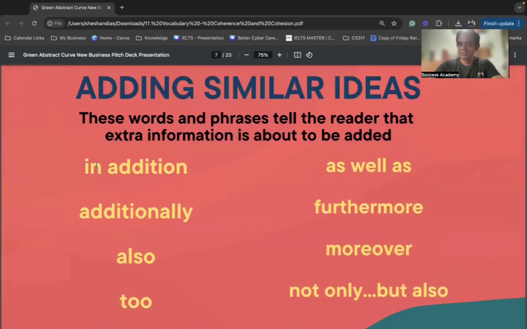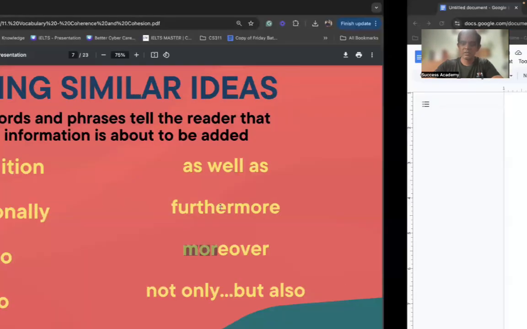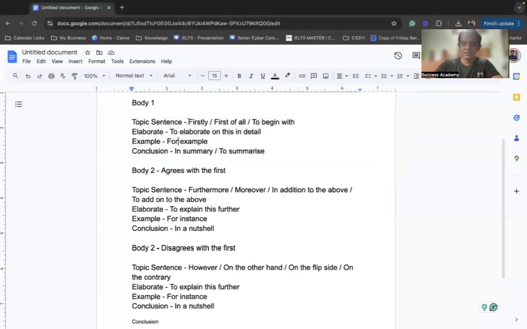Now, if you're adding similar ideas while writing, you can say in addition, additionally, furthermore, moreover, right? Now, look at this. When you are writing the first body paragraph, we said firstly, but when we are writing a similar idea that agrees with the first one, we say furthermore, moreover, right?